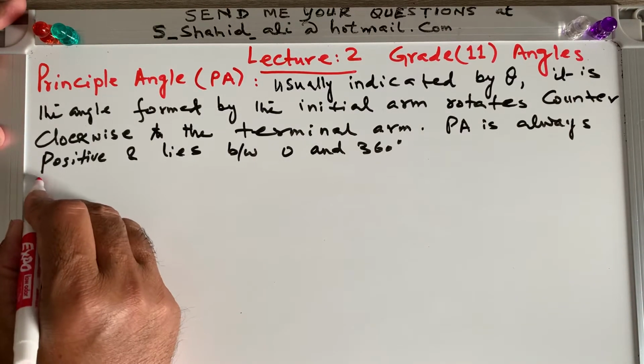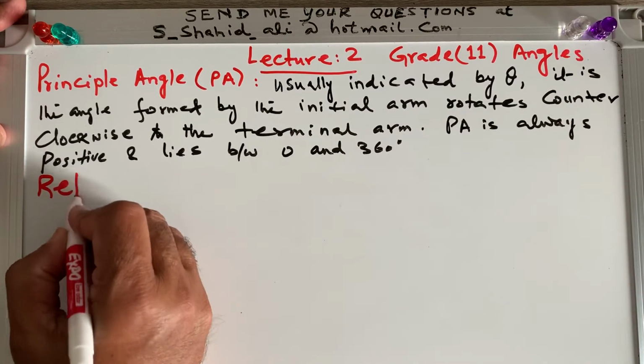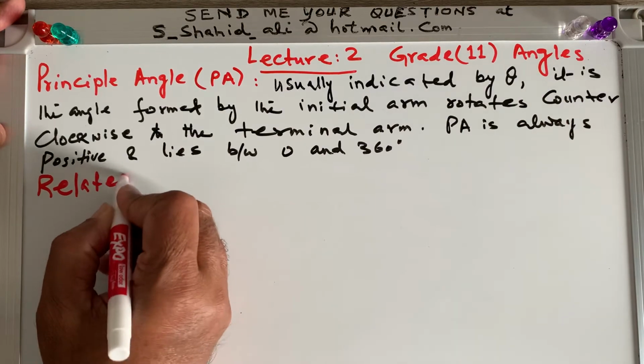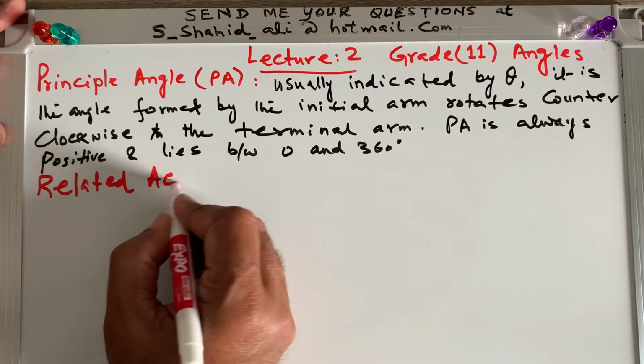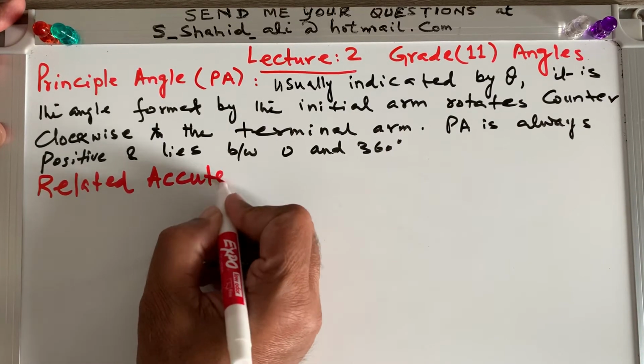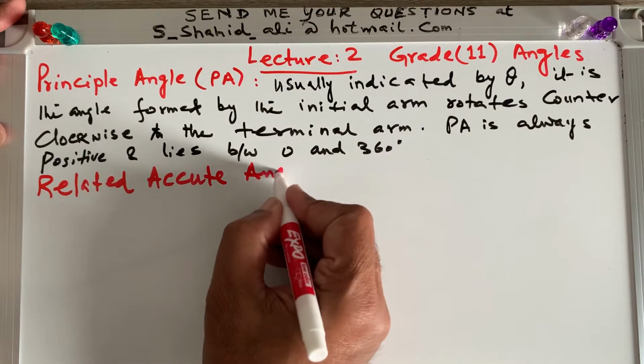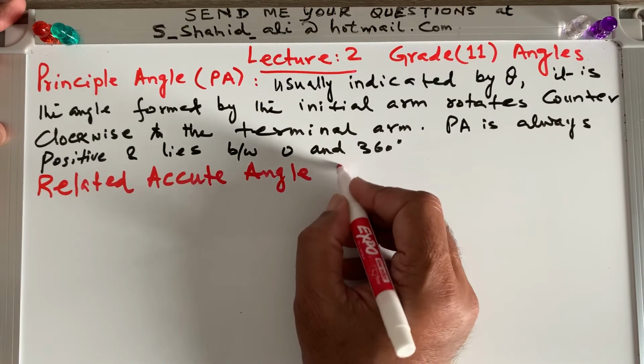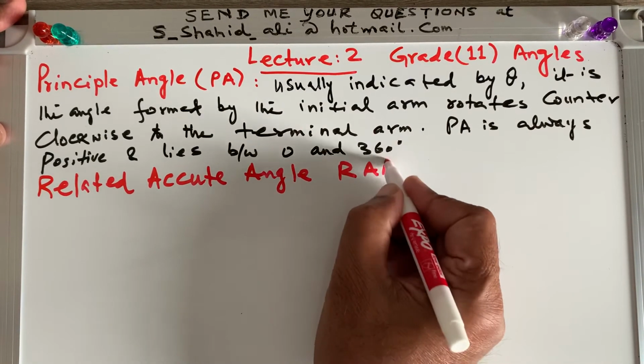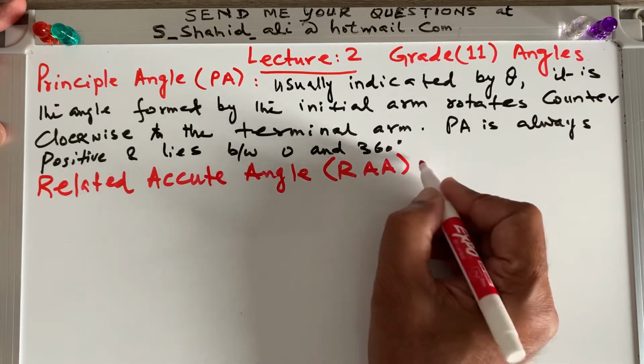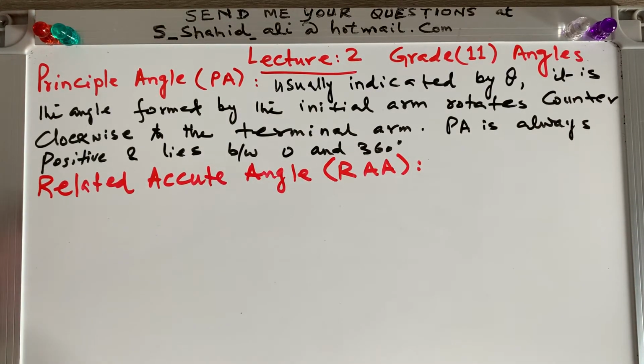The second thing we learned was the related acute angle, RAA. So we have to have a definition of RAA.